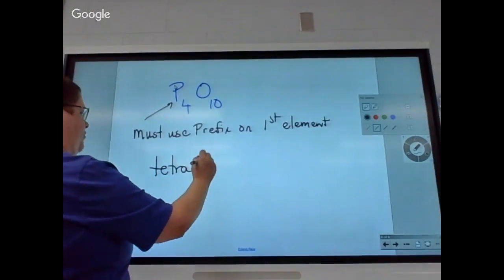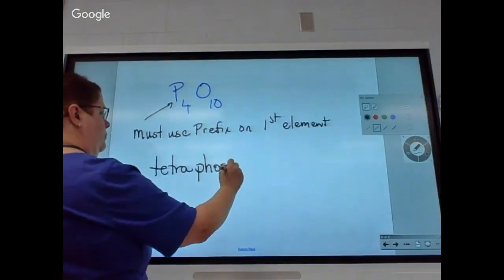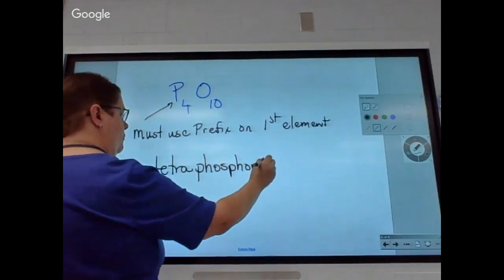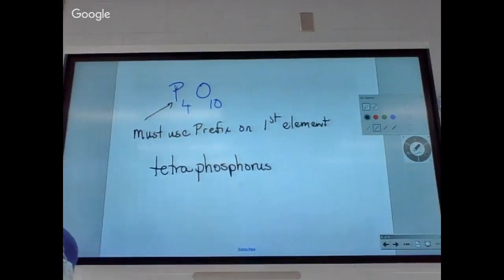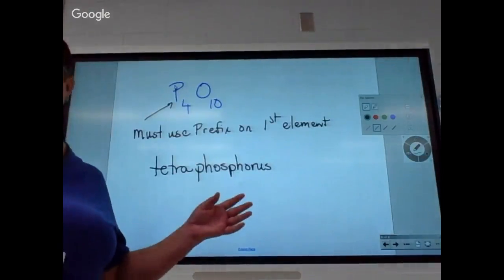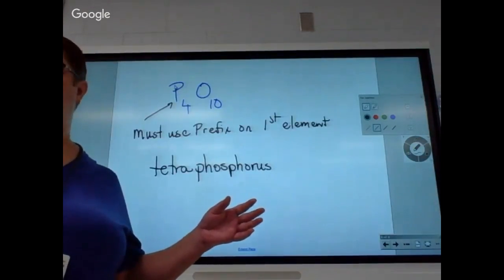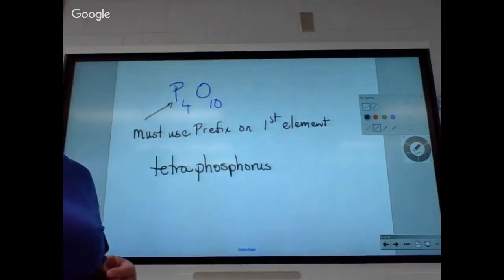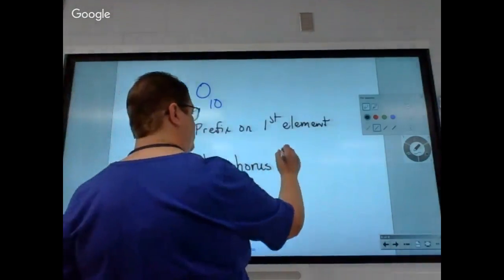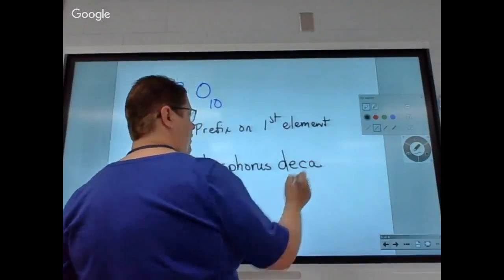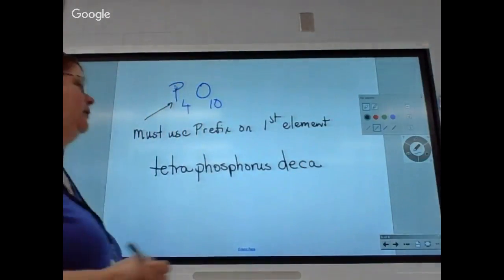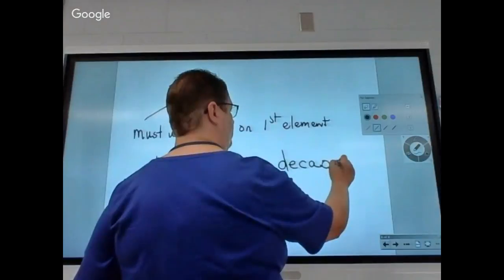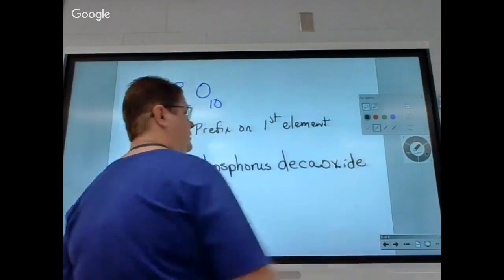We're going to write tetraphosphorus. All right. O always gets a prefix. So what prefix do we put on it? So we write deca. And then oxide. And it's that easy.